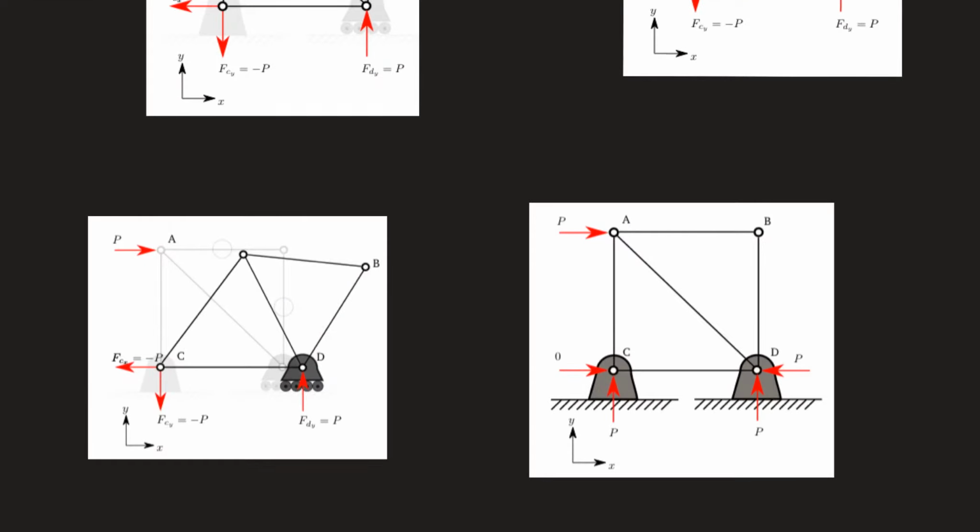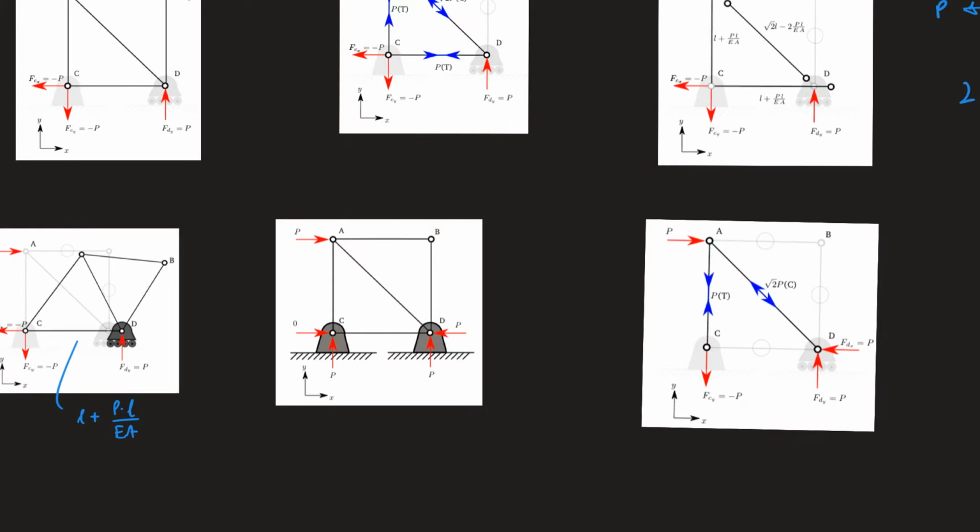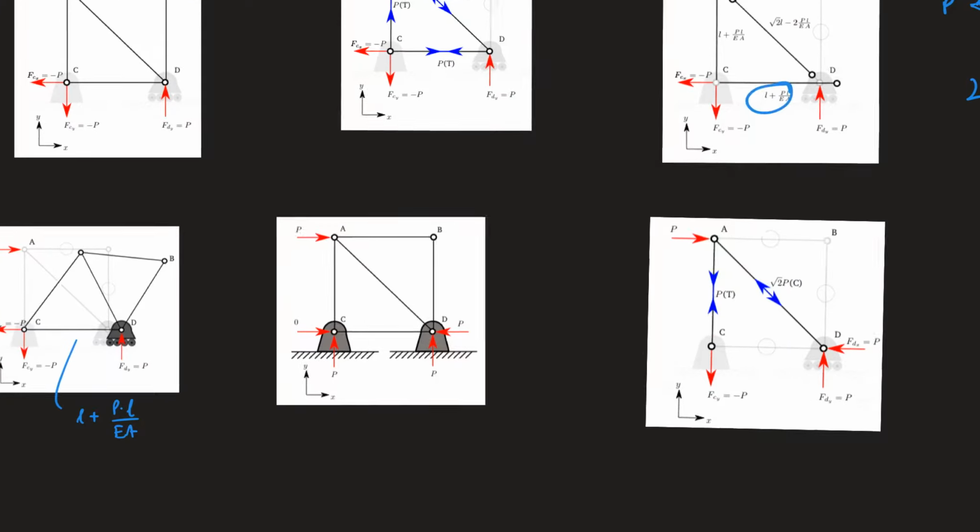So we know the structure moves, and we've got this displacement force here. Sorry, I mean that member CD has, let's make that a better pen. Member CD is L plus P multiplied by L on EA. Okay, because that's just, I've taken this from up here and moved it down here now.